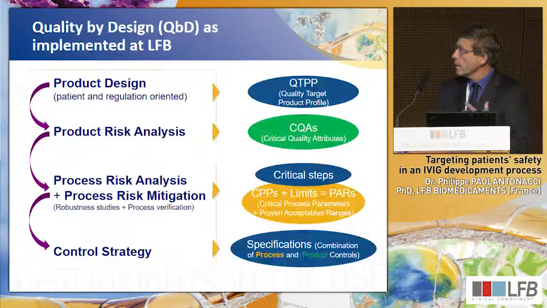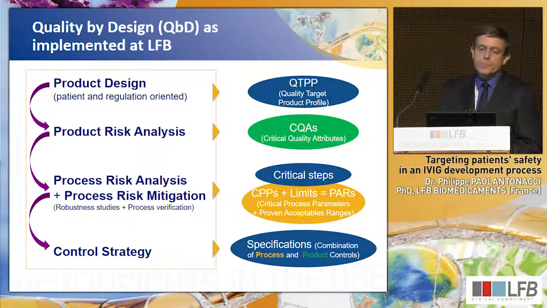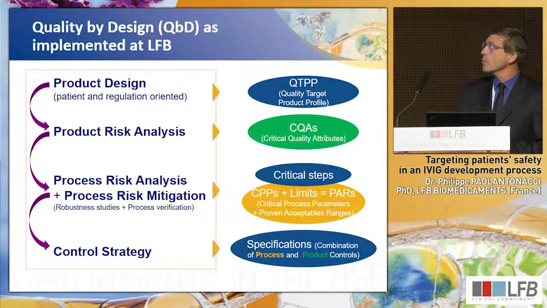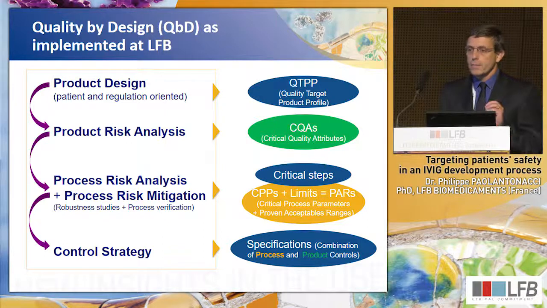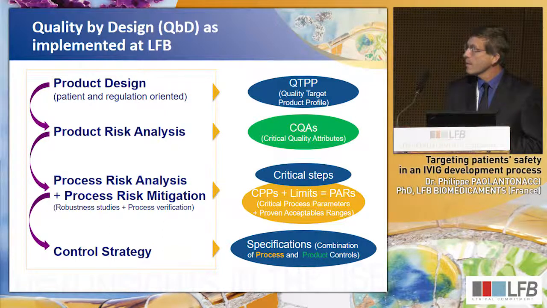Then we adopt a quality by design approach to perform this process and product development. The first step was to define the product design and to identify clearly the quality target product profile. That means that we clearly identify the main characteristics of the product we want to obtain. The second step is related to product risk analysis, which leads to the identification of the critical quality attributes of the product.